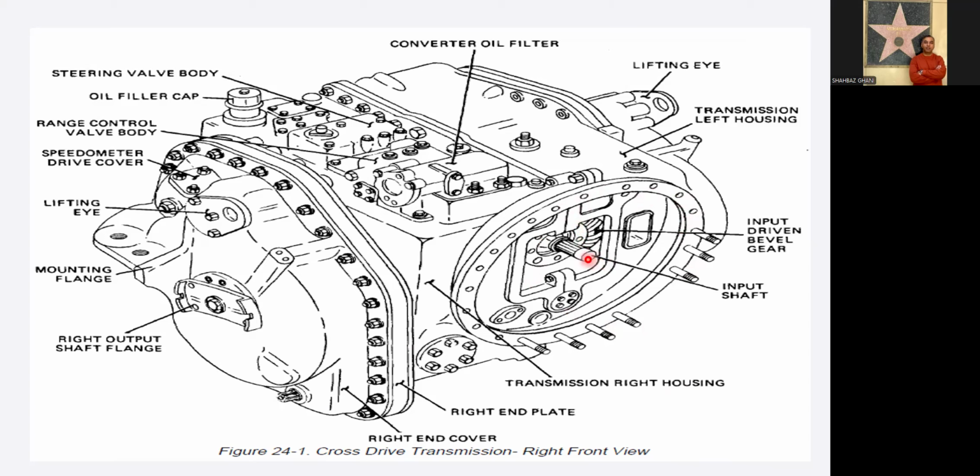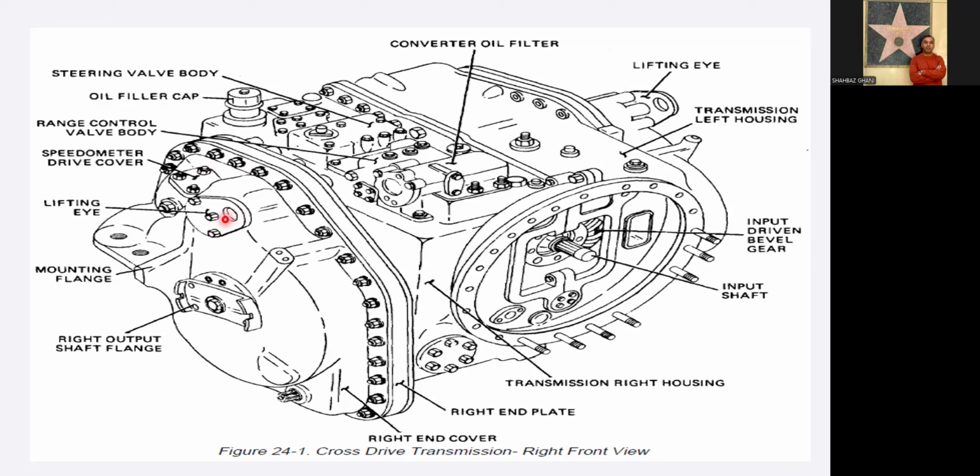From the engine, the power comes in through this input shaft and goes inside. This is the input driven bevel gear, and this is the input shaft. This is the transmission right housing, and this is the left housing. These are the right output flange and the left output flange. These are the steering valve body, the converter oil filter, the range control valve body, and the speedometer drive control.